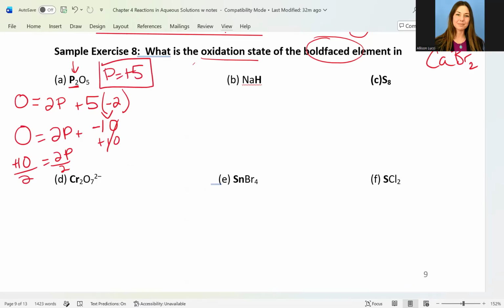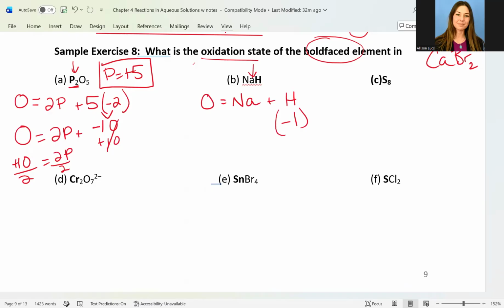So we can do something similar for sodium hydride here. We'll set that equal to 0. We know sodium and hydrogen here are the elements in this compound. I know that hydrogen will be -1 in that rare case that it's bonded to a metal.